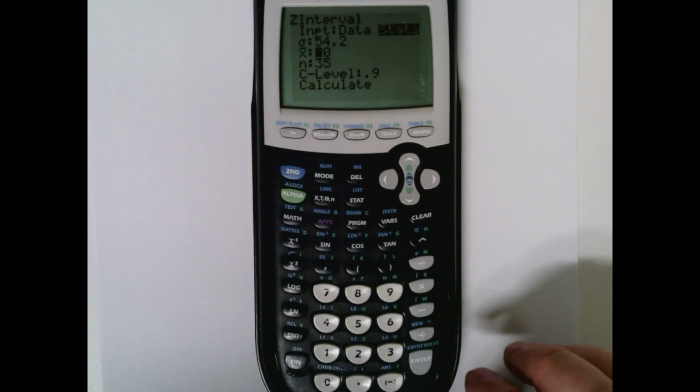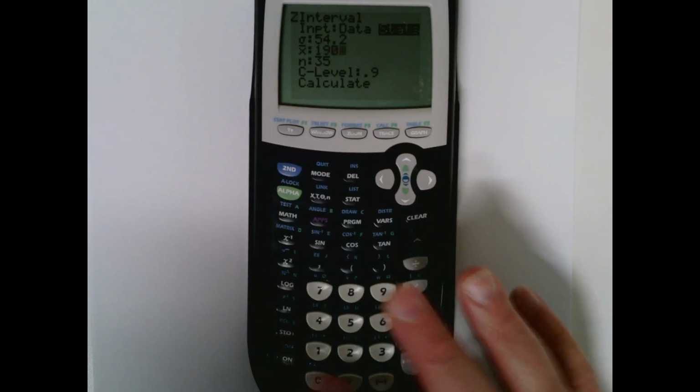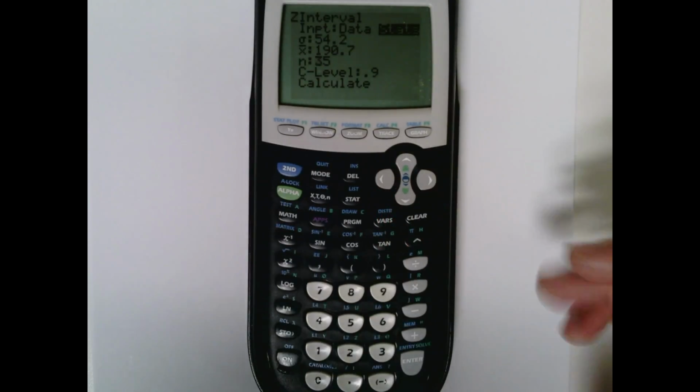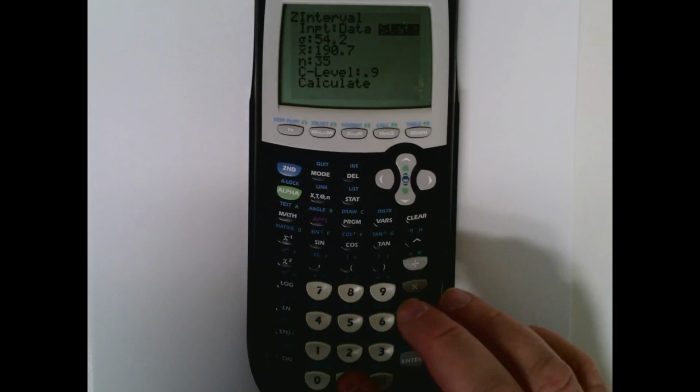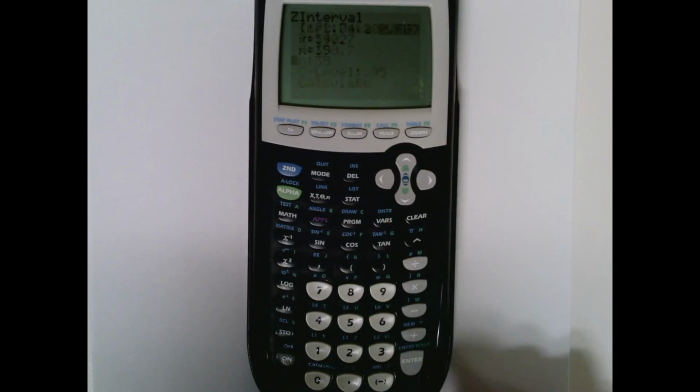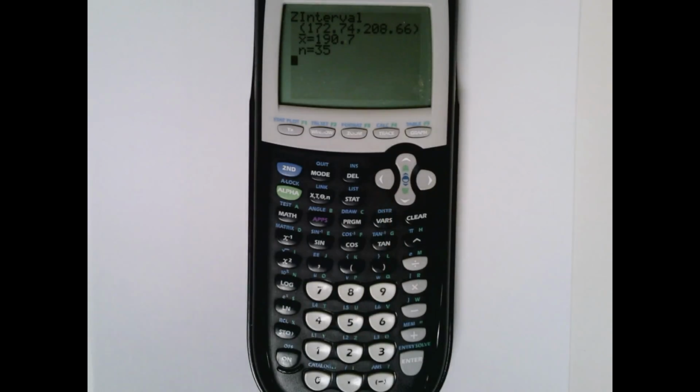Then we'll plug in the mean, which is 190.7 days, 35 cities, and then 0.95 confidence level. Hit calculate, and we have our interval, 172.74 to 208.66, and we can round it off to however many digits we want. Okay?